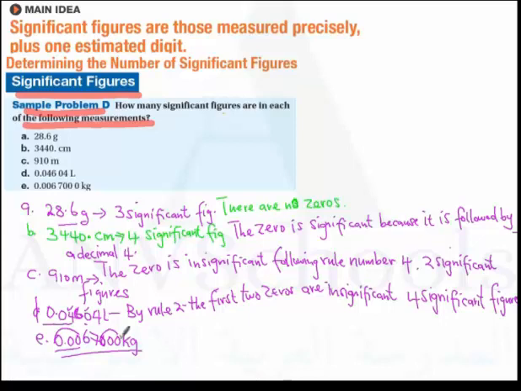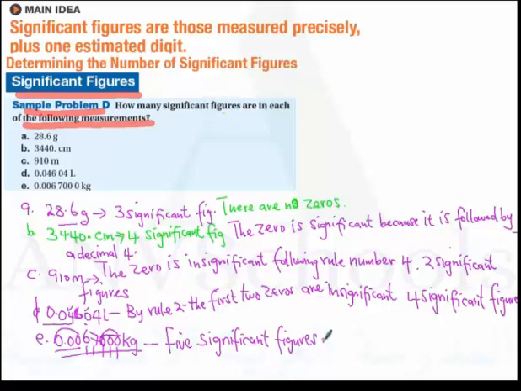So here we would have 1, 2, 3, 4, 5 significant figures. We have five significant figures.